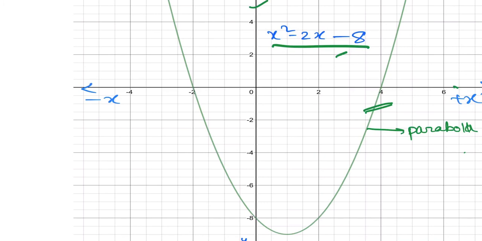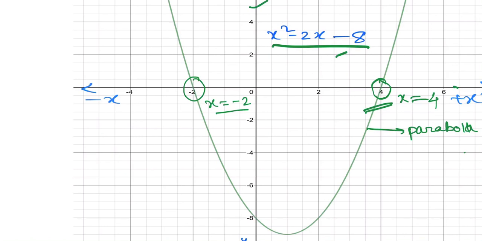This green curve intersects the x-axis at one point where x equals plus 4, and at another point where x equals minus 2. So the curve intersects the x-axis at 2 points: one with x equals plus 4 and another with x equals minus 2. That's why these values are called the roots of this equation.